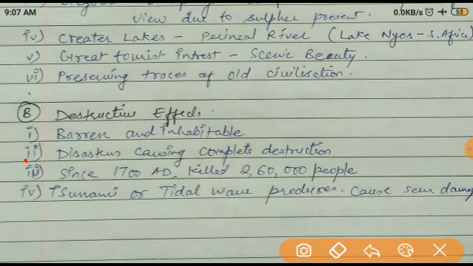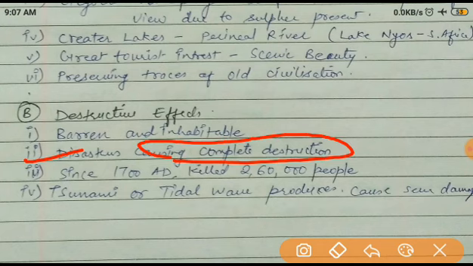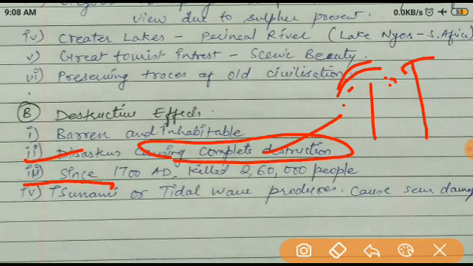Next one, it is a disaster causing complete destruction. Complete destruction means the area near the volcano, if the volcano erupts, then what will happen? The complete area is destroyed, meaning no habitat is able to live. The complete habitat is collapsed. There is also an example: since 1700 AD, it killed 260,000 people.